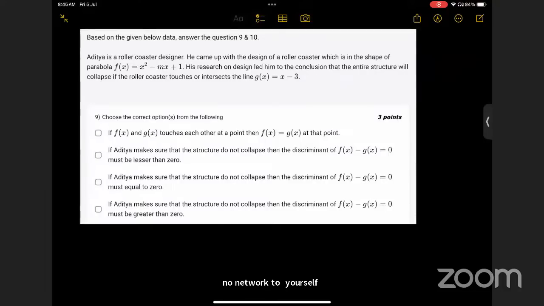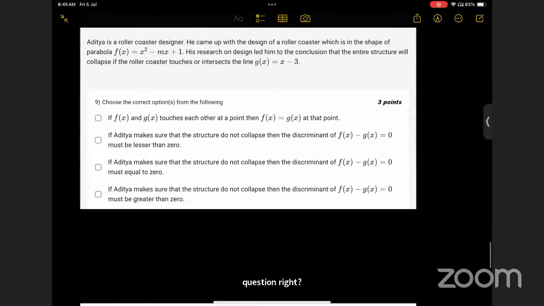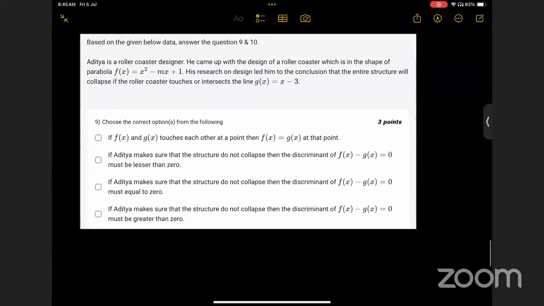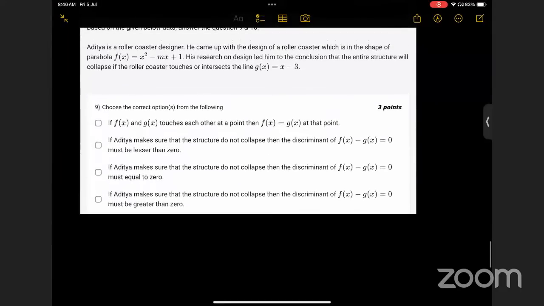This question we have already solved in the previous session, right? So I'm doing this for you again.